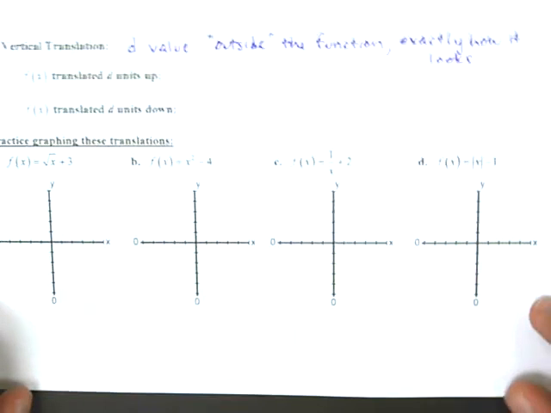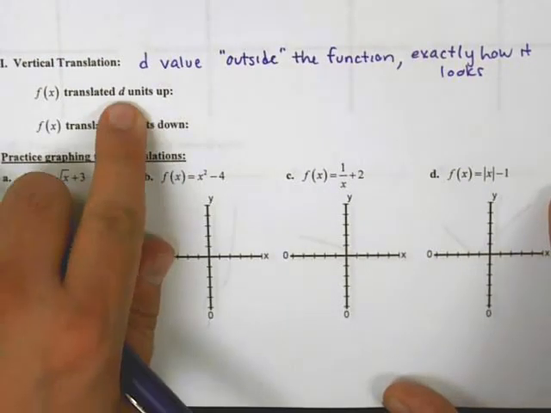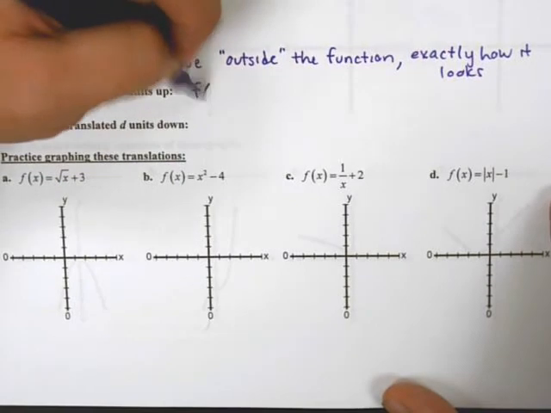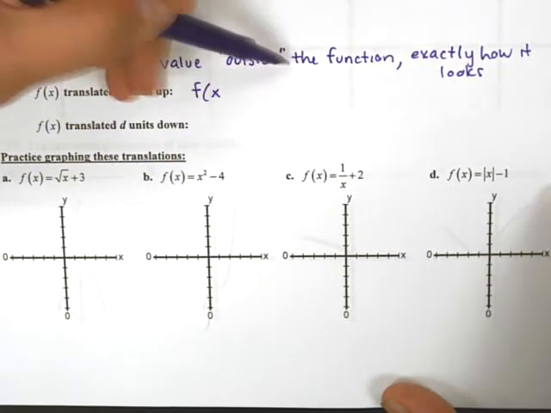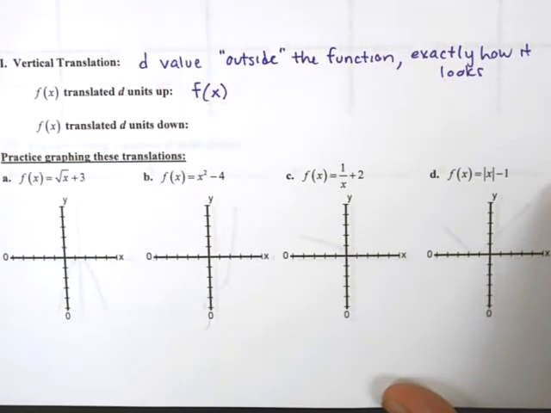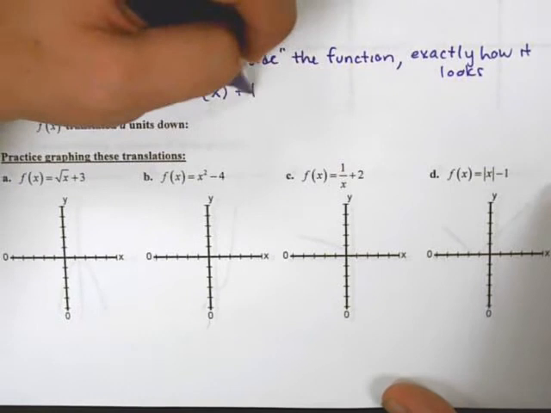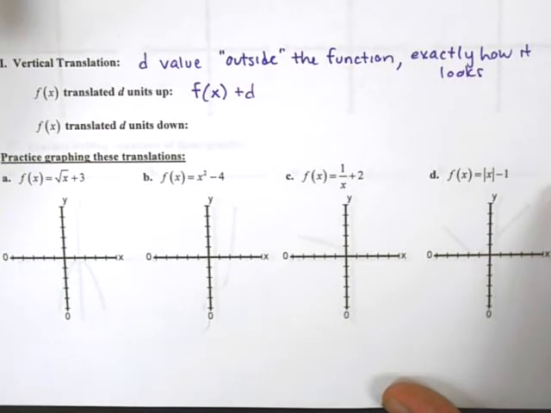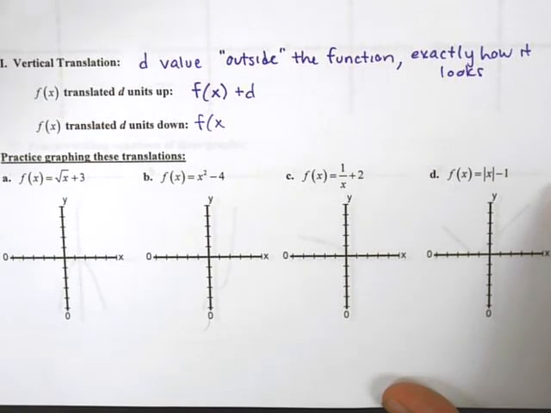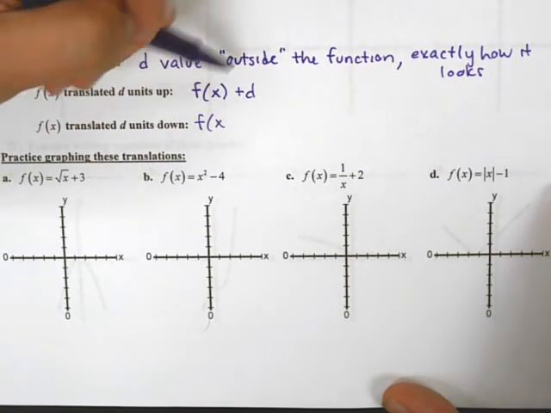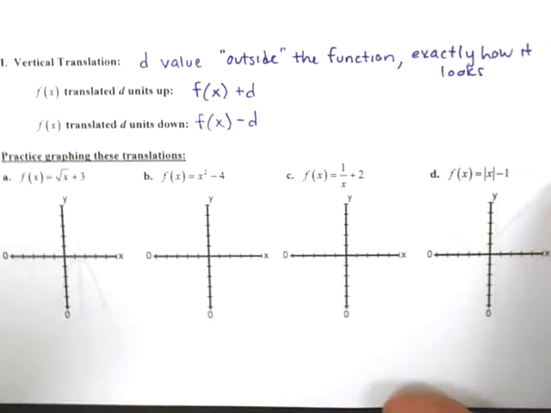All right, so in this case, if I want to translate my graph up d units, well, I have to have f of x. Now remember, this d value is going to be outside the function, so I close the function, and because it's exactly how it looks and I want to go up, I add d. Or, if I want to go down, it's f of x, and again, I'm going down, so it needs to be outside, but I subtract d.